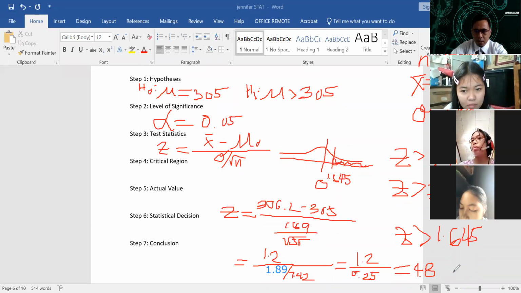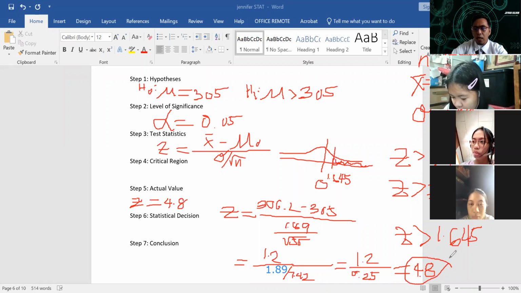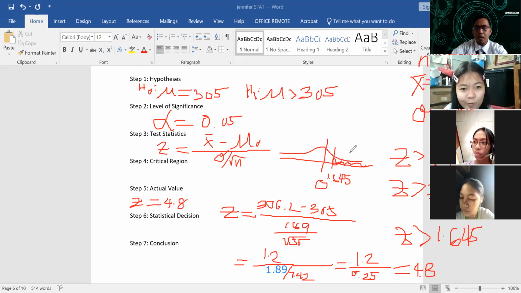So now, that is 4.8. Okay, ato nang i-locate diri. So actual value nato diri, z is equal to 4.8. Para ma-determine nato ang statistical decision, ato ning i-locate diri sa atong critical region. That is somewhere here, right?